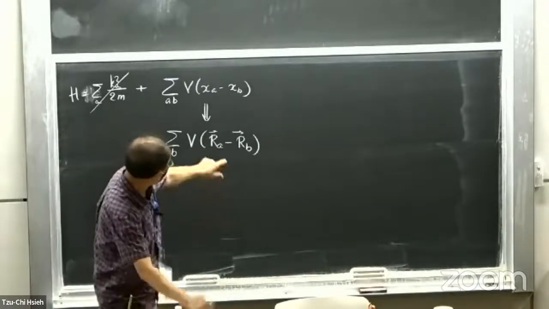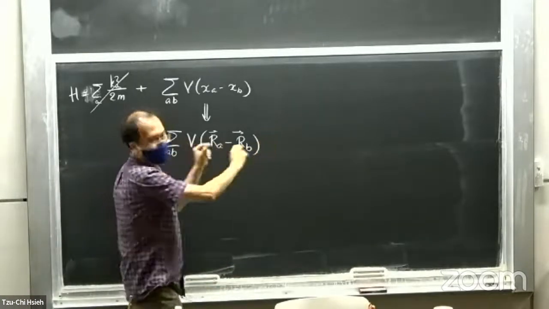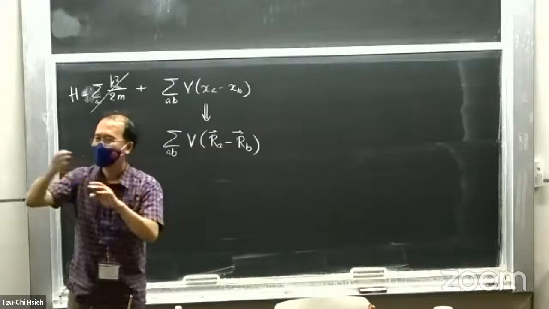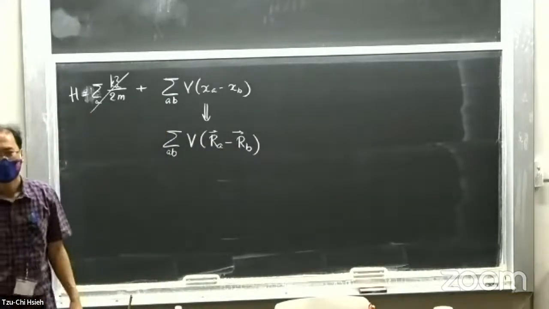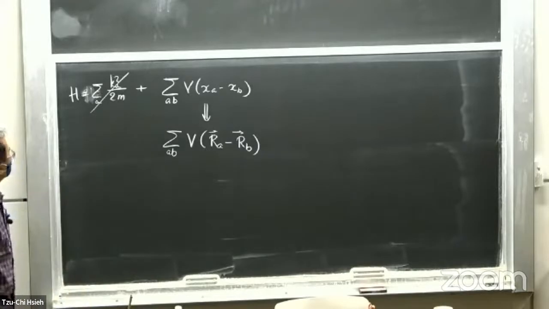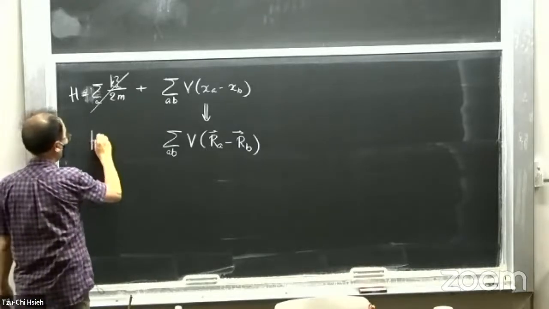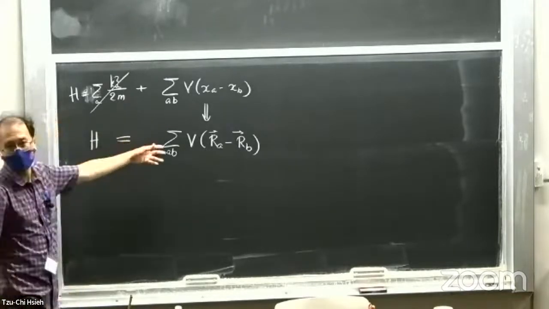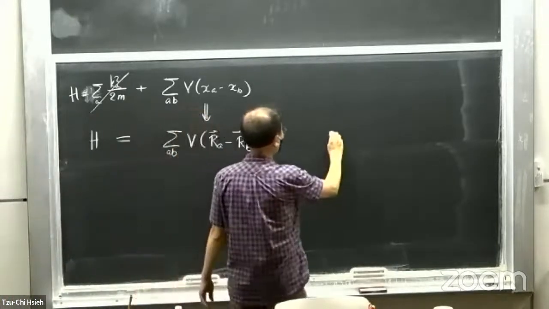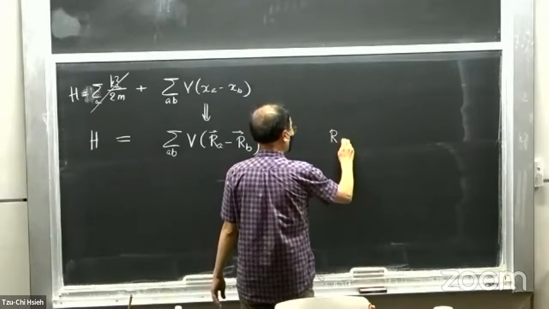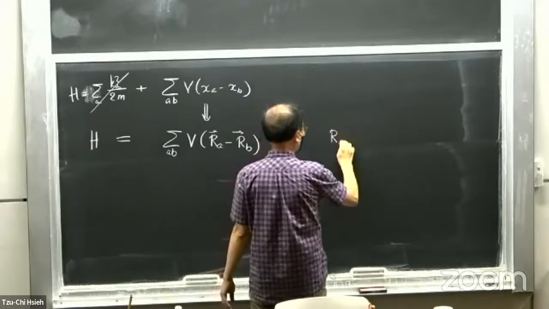If the typical distance range of the potential is larger than the cyclotron radius, the magnetic length, then it's possible to do. And so we have this Hamiltonian, just the potential energy, but the dynamics is still complicated because the guiding center coordinates do not commute.